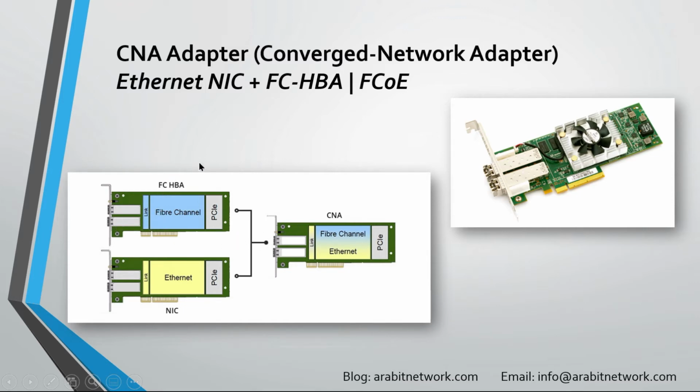But the traffic will be segregated again in the network switch. The traffic goes out of your server encapsulated either in a storage packet or an Ethernet packet. Actually, the Fiber Channel frame is encapsulated in an Ethernet frame in the same cable; we will see this in an upcoming slide.